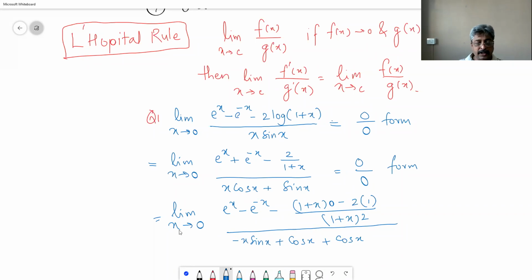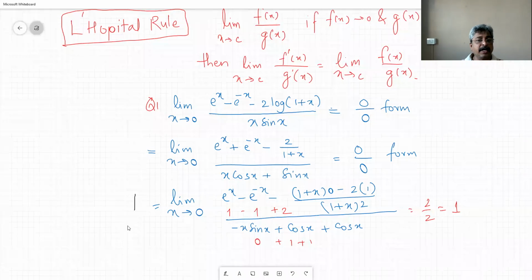Now if you substitute x equal to 0, you end up getting 1 minus 1, and this is plus 2, 0. If you substitute x equal to 0, this is plus 1, which is 2 upon 2, which is equal to 1. That is why the limit of this is equal to 1. Okay? Will you understand?